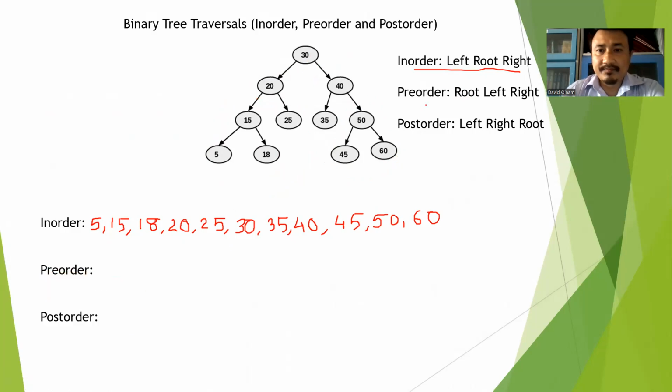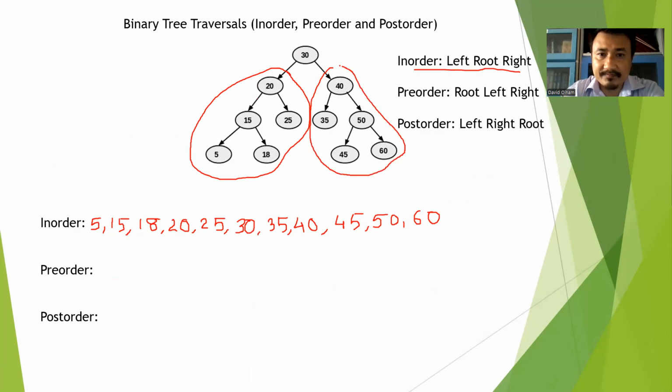So for this, we have to go with root, left and right. Root is here 30, left is this side, and right is this side. So first we are going to write the root node. 30 is the root node, so directly we can write 30.